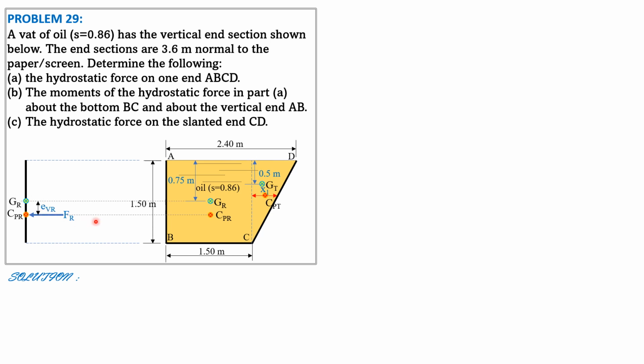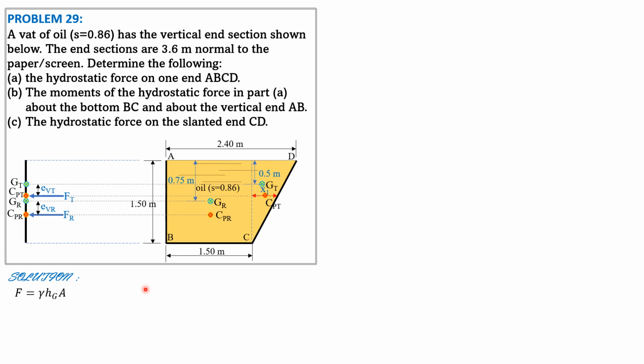That distance is EVR. Then the centroid of the triangle, G of triangle, 0.5 already indicated here. Center of pressure of the triangle. Then this is E sub VT, the vertical distance. And at CPT acts F of triangle.